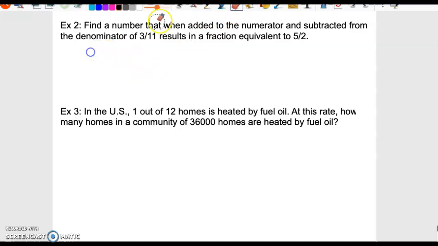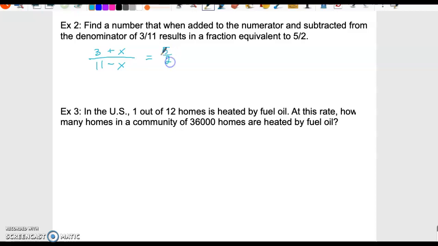So let me erase that. They start with a fraction of 3/11ths, and I would have been fine if I left it as X plus 3 in the numerator, and that same number is subtracted from the denominator. The problem in the book is a little bit different, but anyway, the equivalent final answer is 5/2.